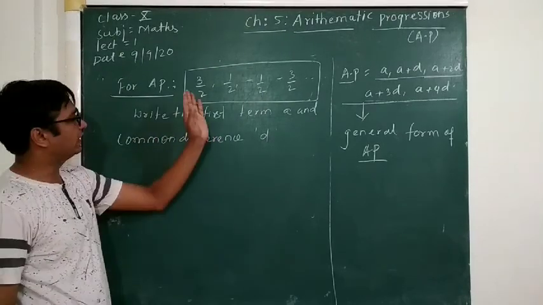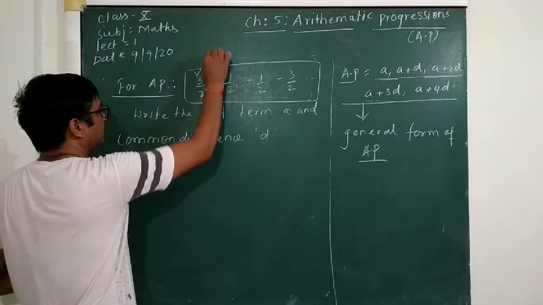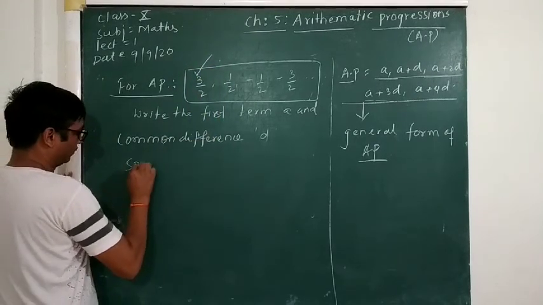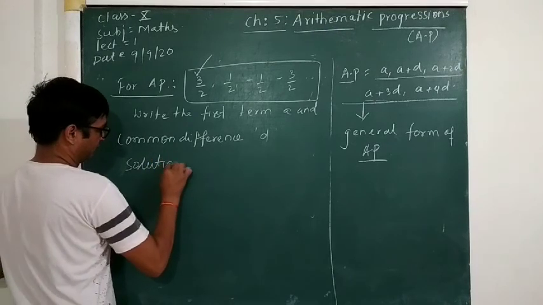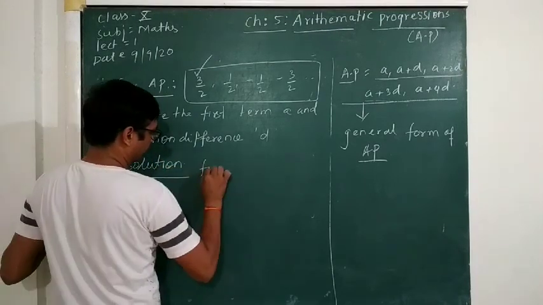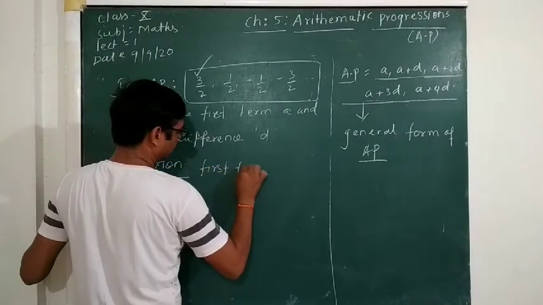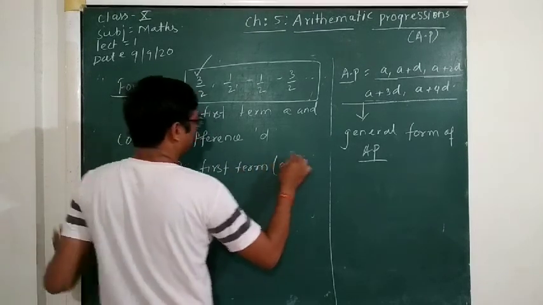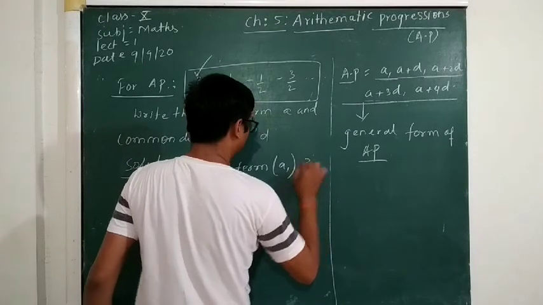You know that the first term is whatever is given first. So for the solution, the first term, which is denoted as A1, is equal to 3 by 2.